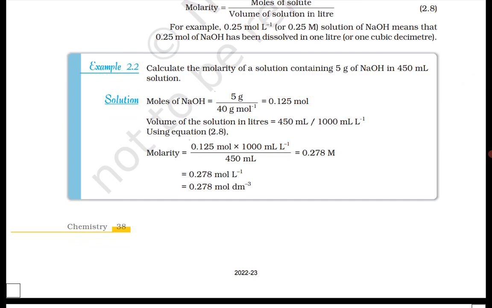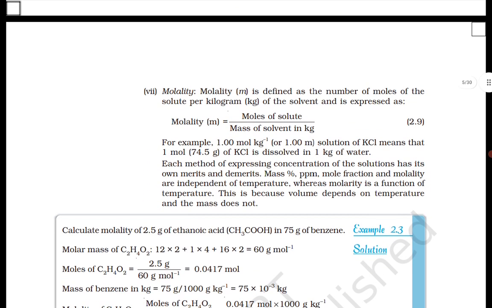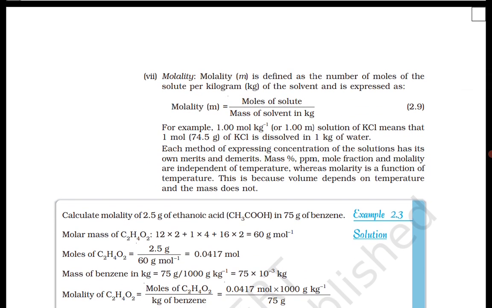Example 2.2. Calculate the molarity of the solution containing 5 gram of NaOH in 450 ml solution. The solution is given in your textbook. Please read that. 7. Molality.